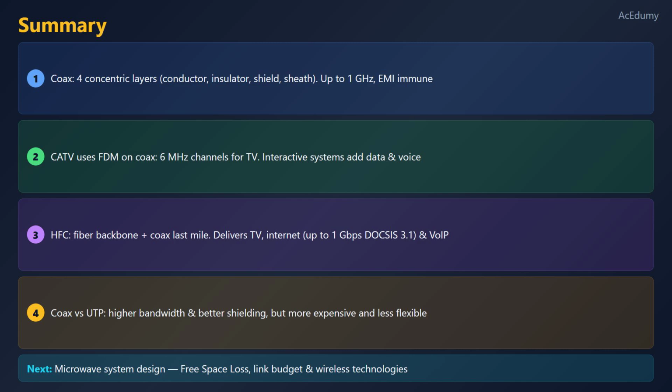Cable internet via DOCSIS 3.1 now reaches 1 gigabit per second. Compared to twisted pair, coax offers higher bandwidth and better shielding, but at higher cost and lower flexibility. In the next lesson, we will enter the wireless domain with microwave system design and free space loss calculations.